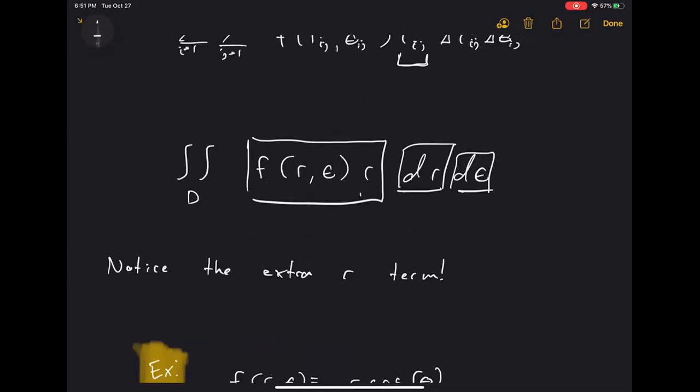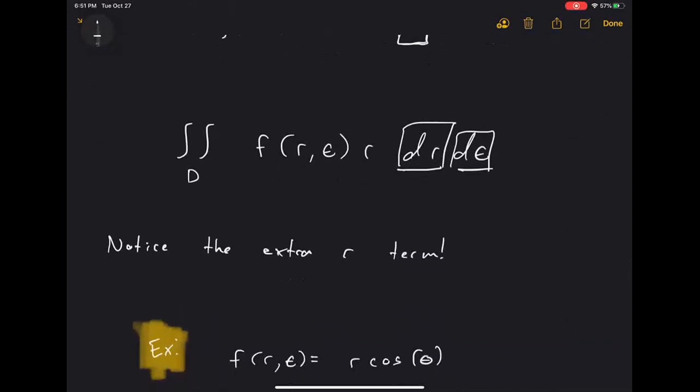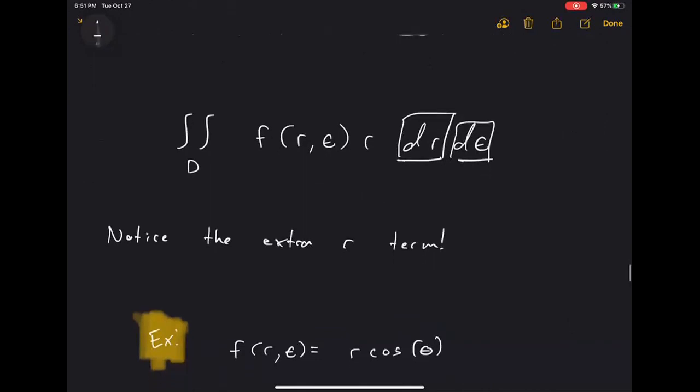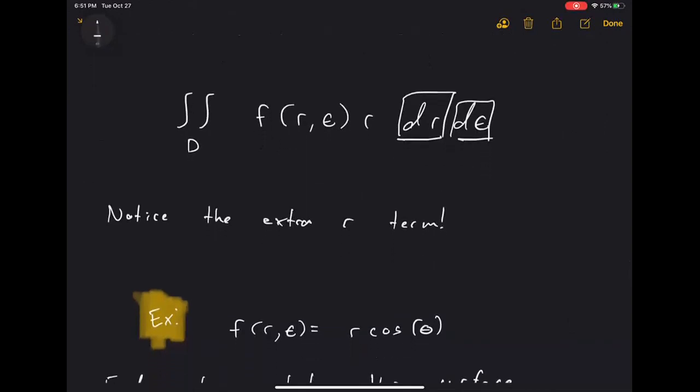I also multiply it by this r term. That might seem a little strange, but as we've seen from this construction, we need that r in order for this term to be the area of my base. So whenever we're integrating in terms of polar coordinates, we're going to have this extra r term.